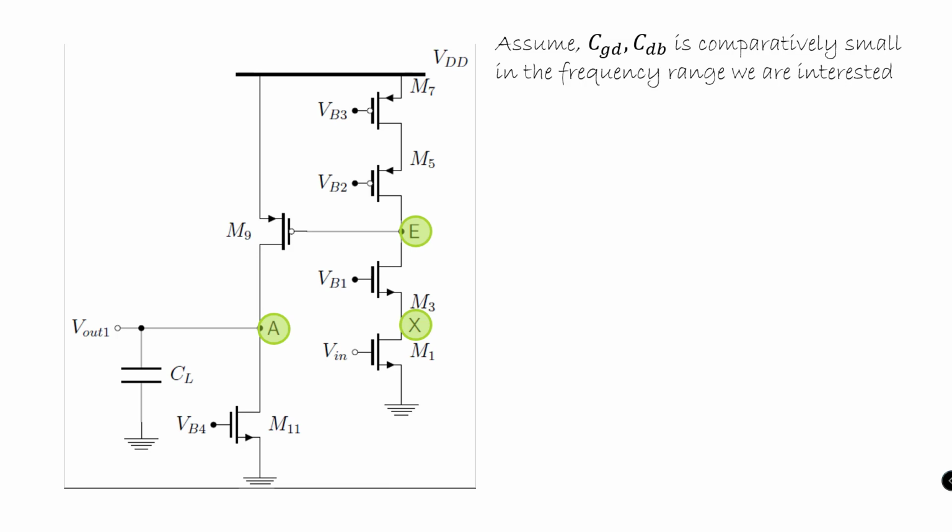So based on the values of the poles, it is clear that omega E is the most dominant pole because of the large resistance associated with that particular node, omega A is the first non-dominant pole, and lastly the omega X pole exists.